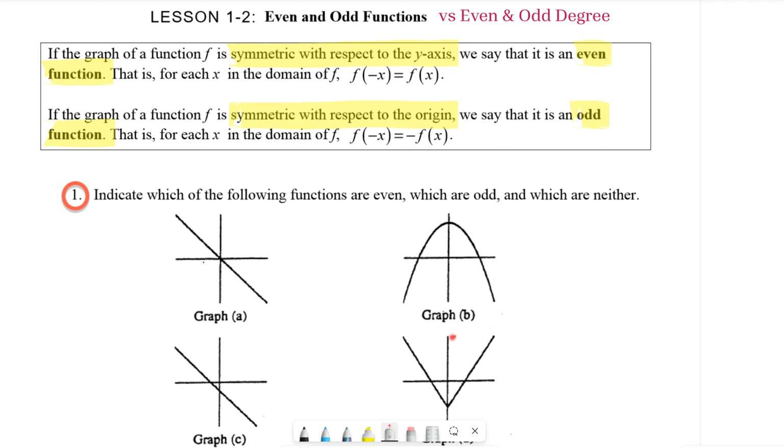Okay? So if you look at these 4 graphs, which ones of these 4 graphs are even functions?